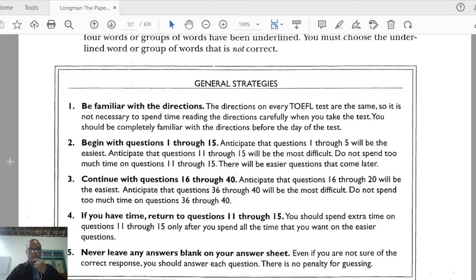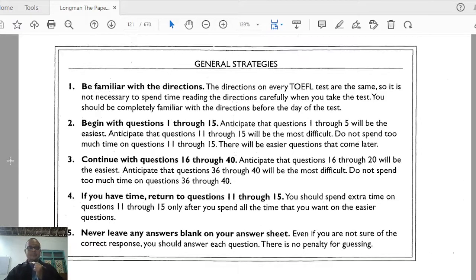Jadi kita harus antisipasi yang nomor 16 sampai 20 itu harus sebisa mungkin benar semua, karena pertanyaan 36 sampai 40 itu akan susah ya. Di sini juga sama ya. Jangan terlalu fokus atau terpaku pada pertanyaan yang susah ya, yang dari 11 sampai 15 dan sekarang 36 sampai 40.